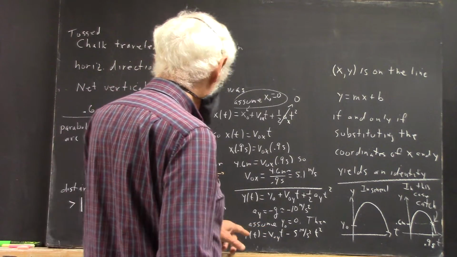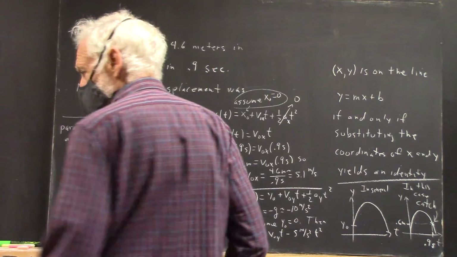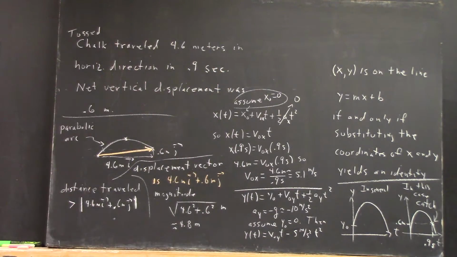Well, I don't have room to write it down here, and we do need to solve it. I've got something here to do this with. Actually, I've got two choices.